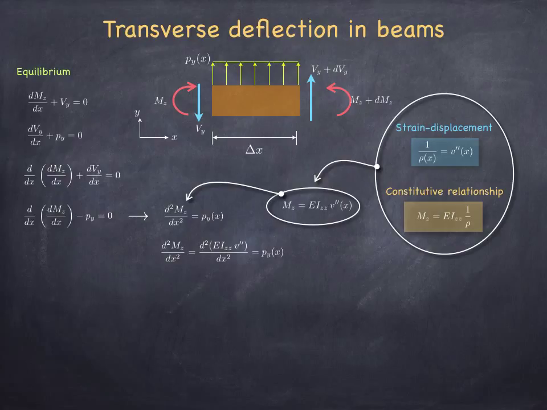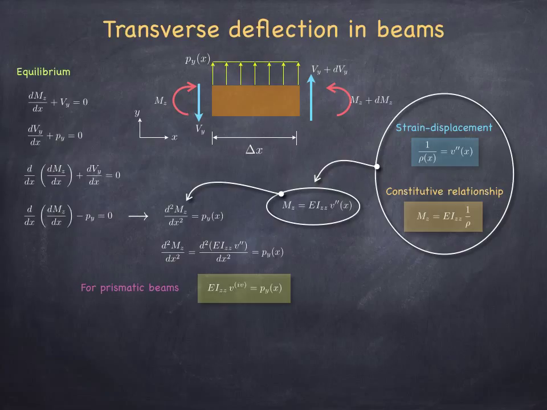For prismatic beams, the Young's modulus and the second moment of area will not be functions of x, so we can take them outside the derivative and obtain this simple expression. It says the bending stiffness times the fourth derivative of the transverse deflection with respect to the axial coordinate is equal to the magnitude of the transverse force at a given point for all points that make up the beam.